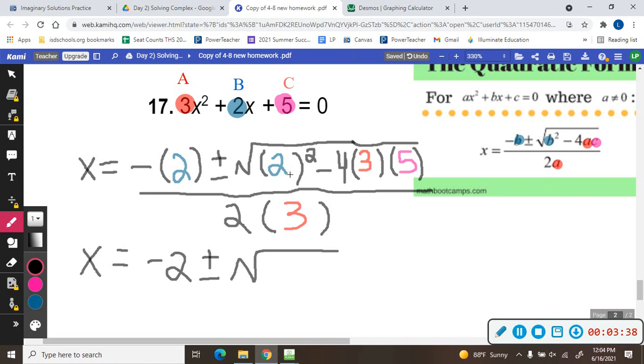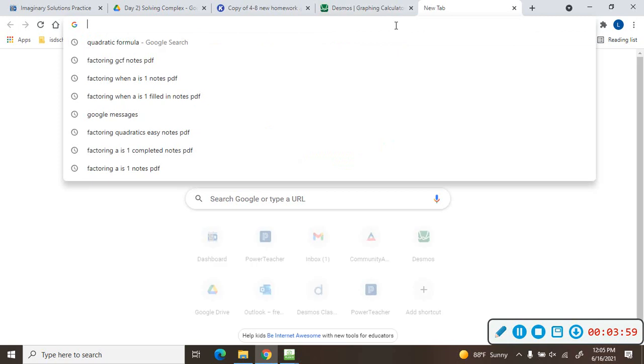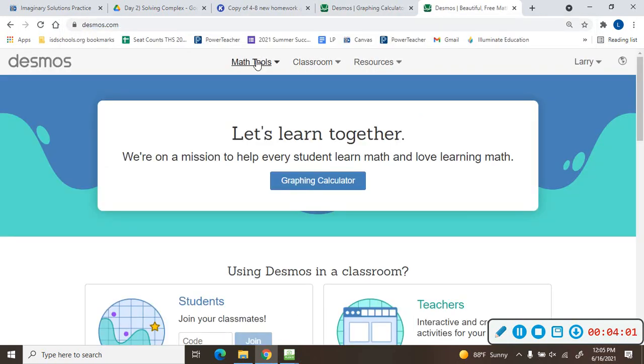And I'm going to figure out what all of this is. 2 squared is 4. 4 times 3 is 12. 12 times 5 is 60. 4 minus 60 is negative 56. Now, if you're not good with computations, feel free to use a calculator.